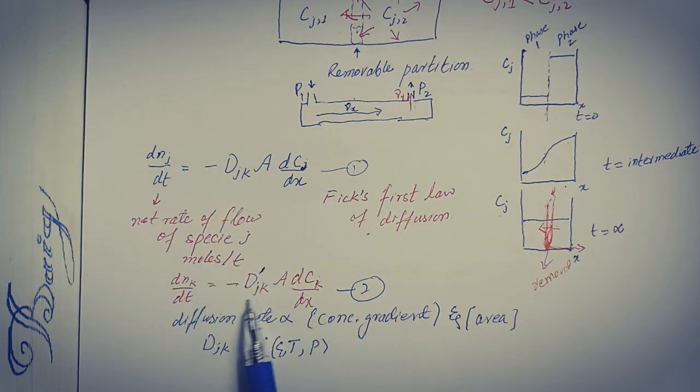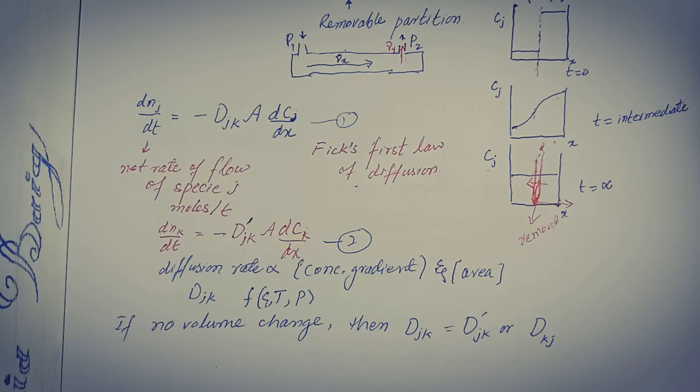So I have represented this diffusion coefficient with a dash. So for no change in volume, the two diffusion coefficients are equal. So this diffusion coefficient can be expressed with the subscripts k and j, as we are discussing the species k.